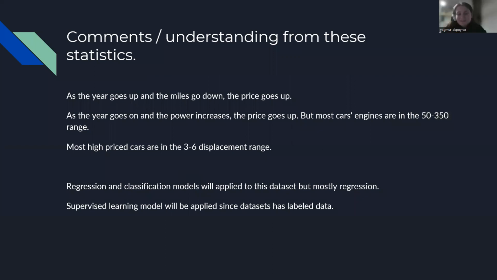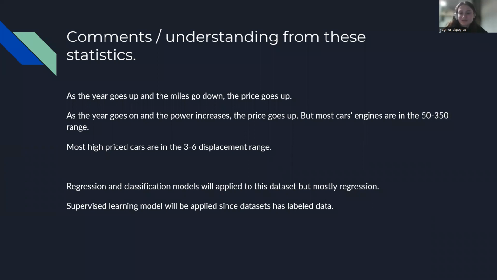I will mention the understanding. As the year goes up and the mileage goes down, the price goes up. As the year goes on and power increases, the price goes up.